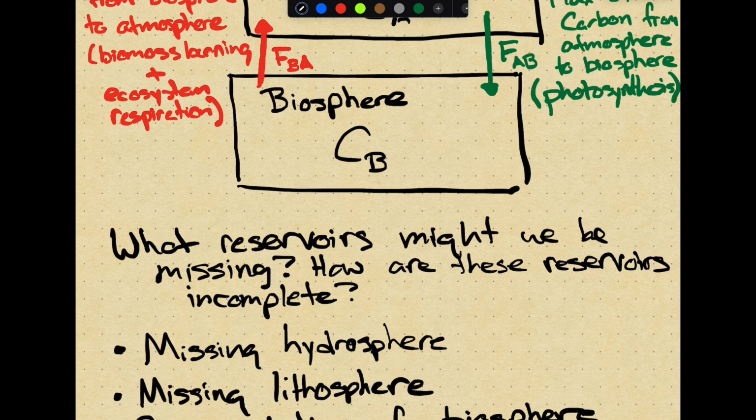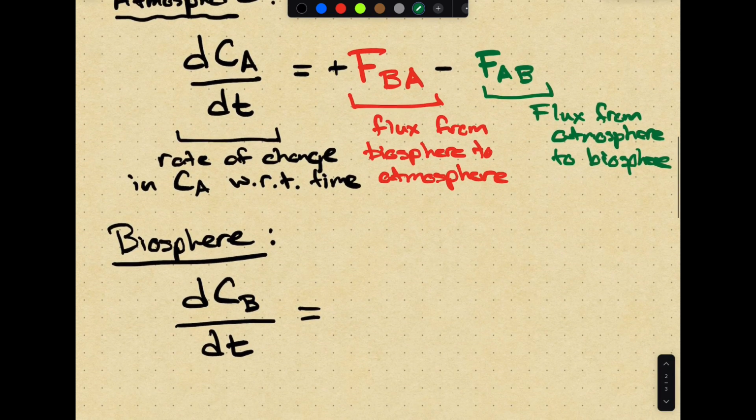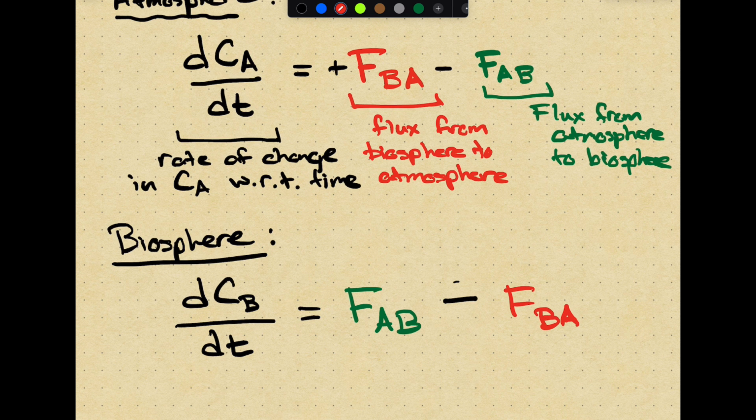Which of these fluxes is the positive term, the income? The green one, yeah. So F_AB here is positive, and the negative term is the opposite. F_BA is the loss term.